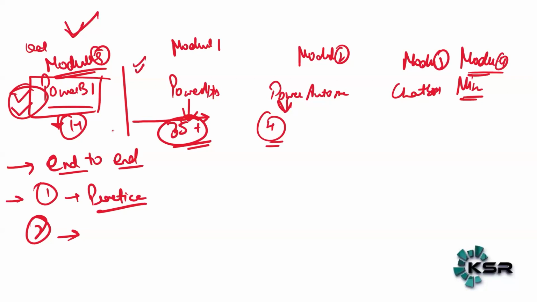Similarly, two Canvas apps, two model-driven apps, two websites. How many projects is that? One, two, three, four, five, six, seven, eight. Then multiple Power Automate flows, then multiple chatbots, and we will integrate the Power Automate flows with the chatbots. Everything will be covered, and you will have quality content at the end of the course.